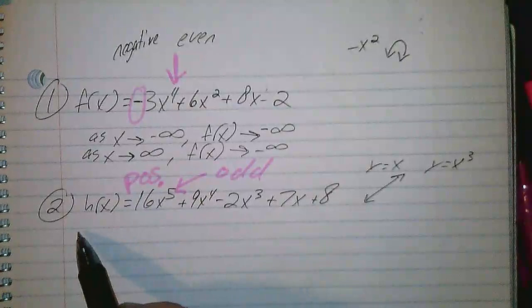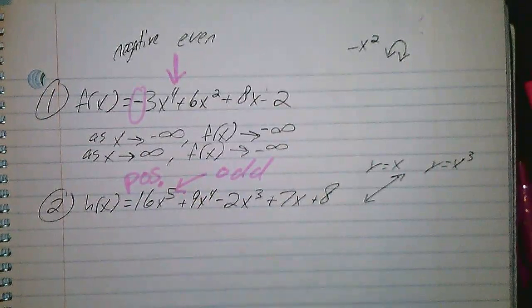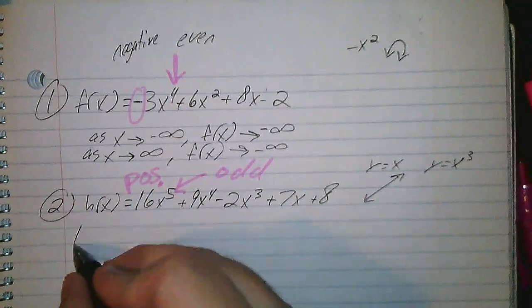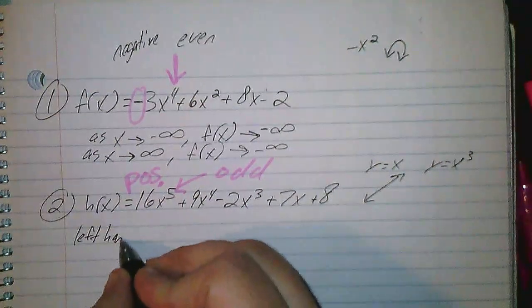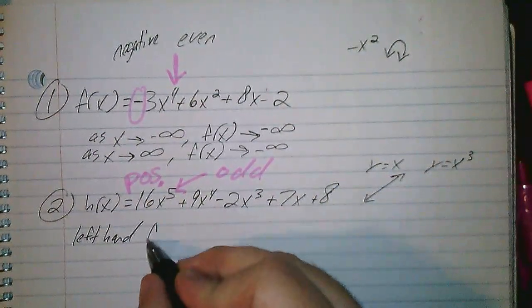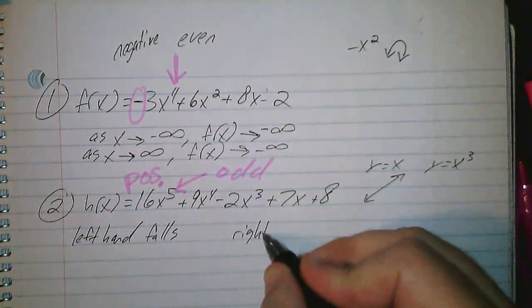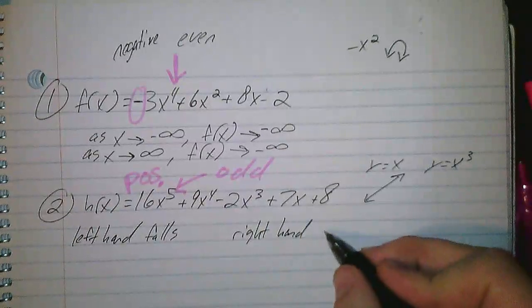So as x approaches negative infinity, the y value falls, or the left hand falls. Different ways you might be asked this. Left hand falls, right hand rises.